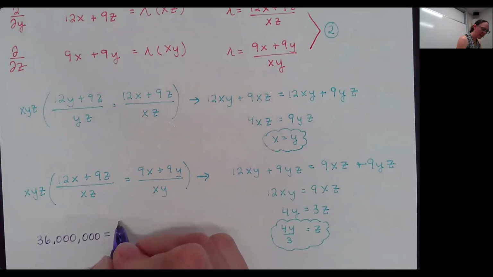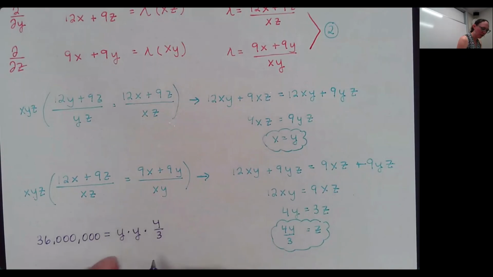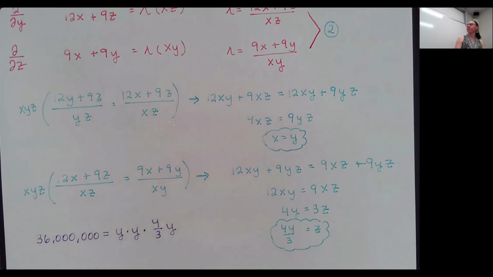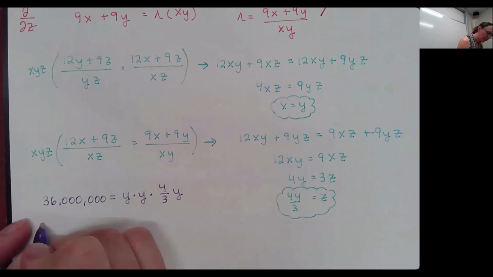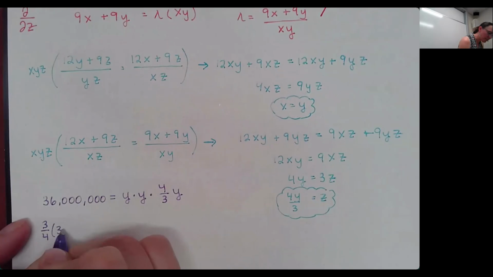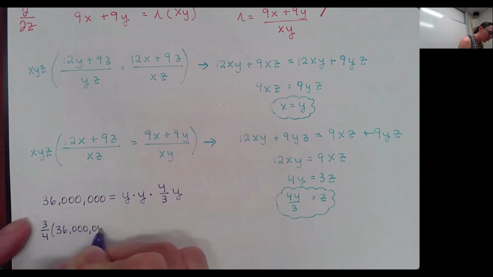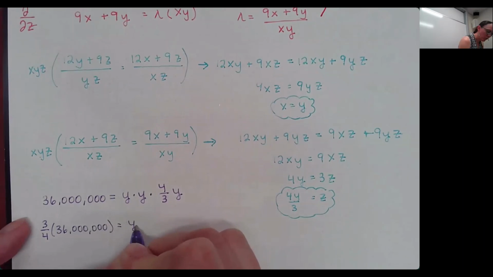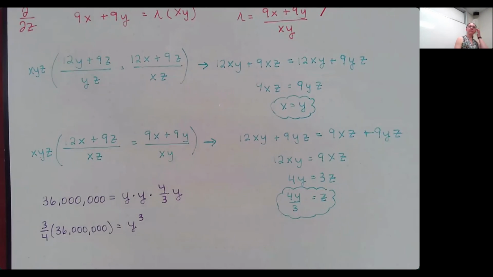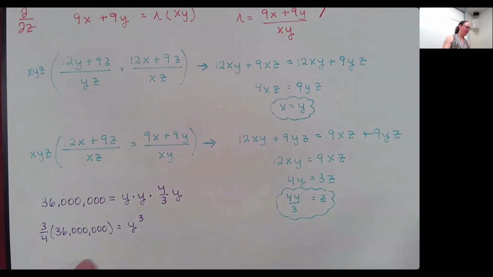So instead of x, y, z, that's going to be y times y times 4/3 of y, or 3/4 of 36 million is equal to y cubed. You still have to deal with the big number in the end, but we swap out for different algebra in the interim.